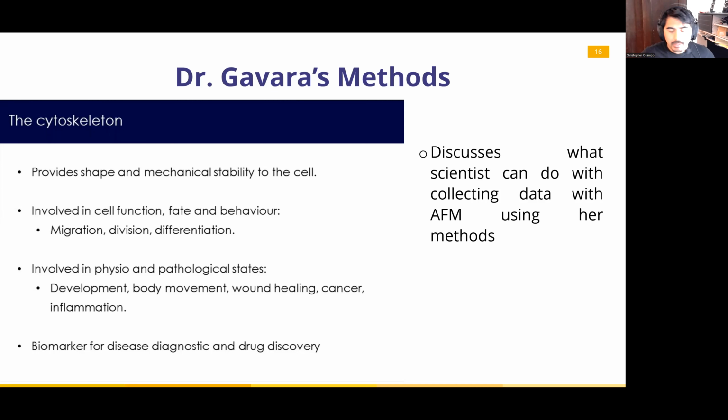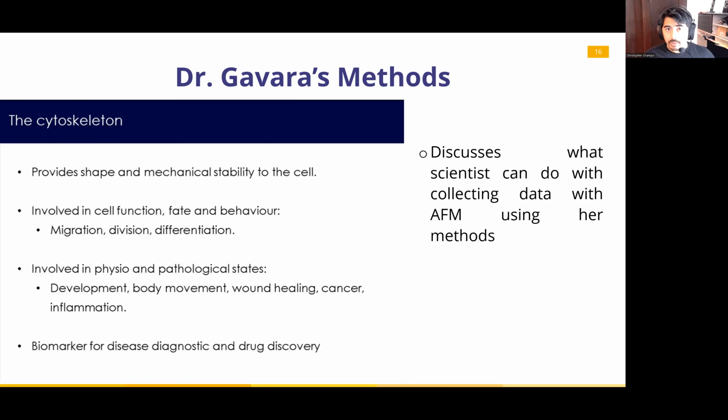We can utilize this data for better understanding of healing wounds or cancers, inflammation. Sports medicine can utilize this work as well, because you get a better understanding of how things like the ligaments react in certain situations.